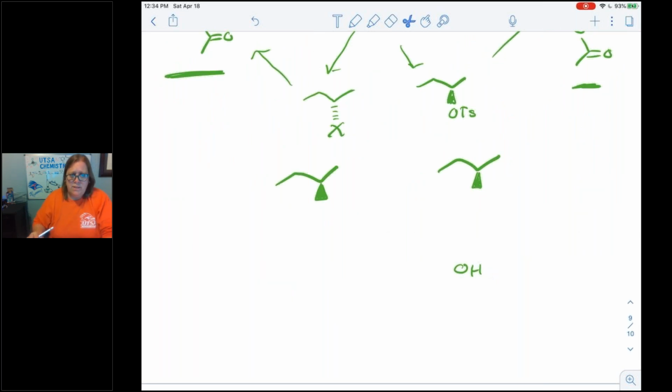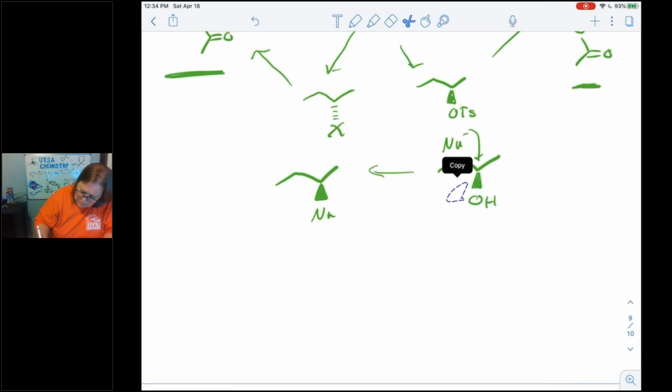So anytime you break a bond in this class, two things are going to happen. You're either going to invert the chiral center, right? Or you're going to form a racemic mixture, right? Because we're doing substitution. Okay. And so you can't just go from here to here. It can't be a one-step reaction because my nucleophile is going to come in and do this. Oops.